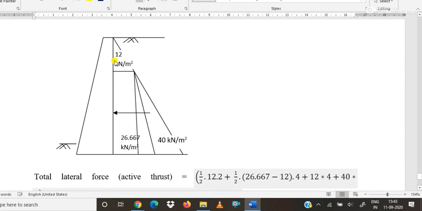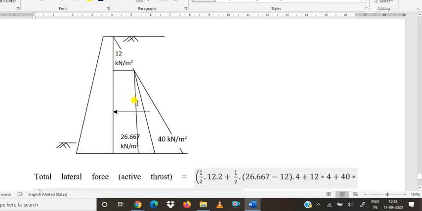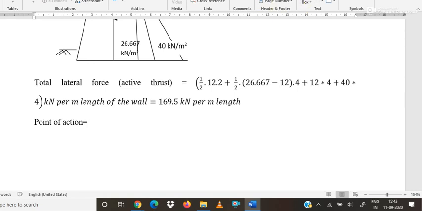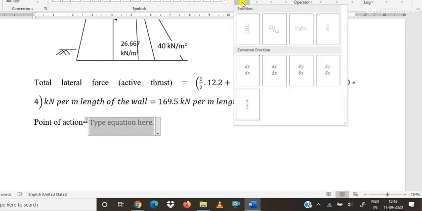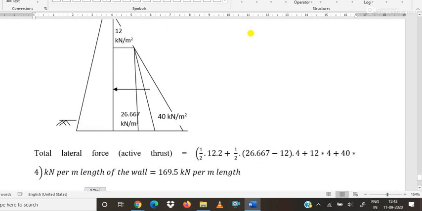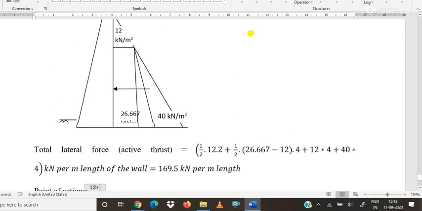that is, the area of this triangle is 12, multiplied by the CG of that triangle.